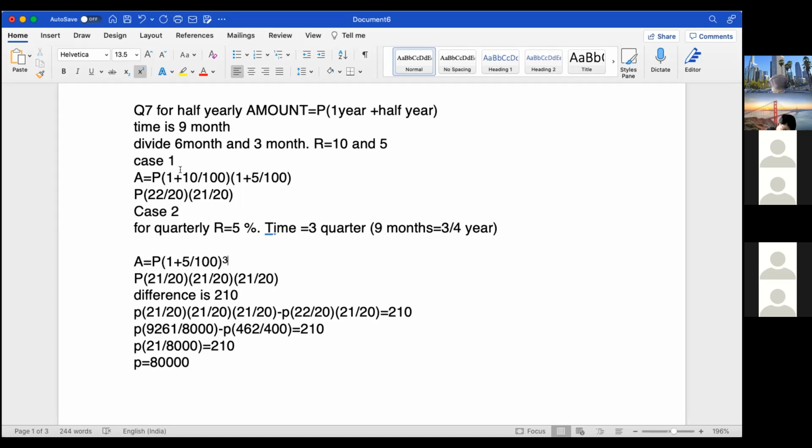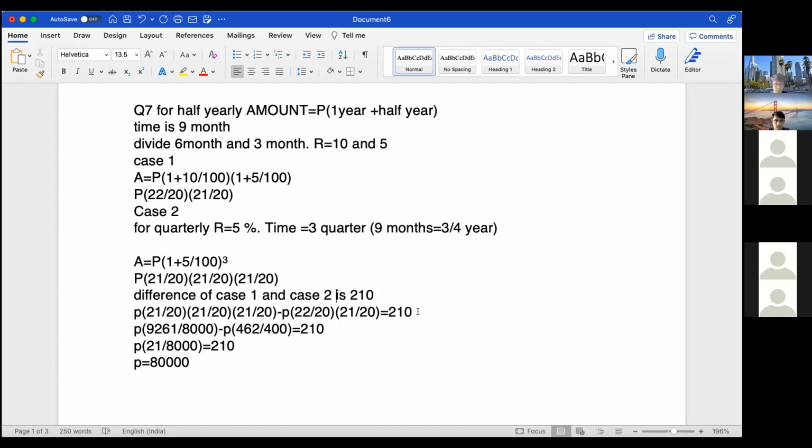So let us write down the difference of case 1 and case 2 is 210. So writing it according to the equation, P into 21 by 20 ka cube minus 22 by 20 into 21 by 20 is equal to 210.